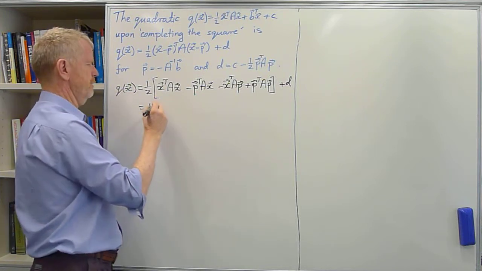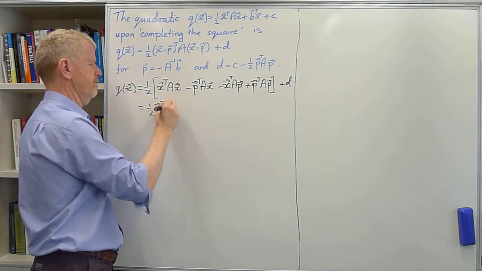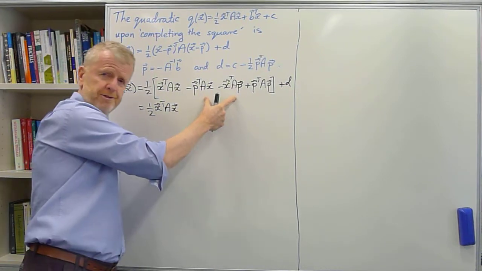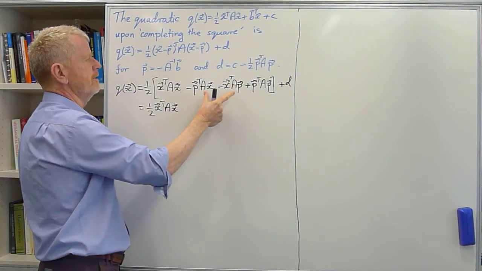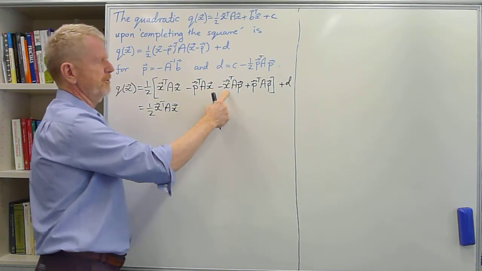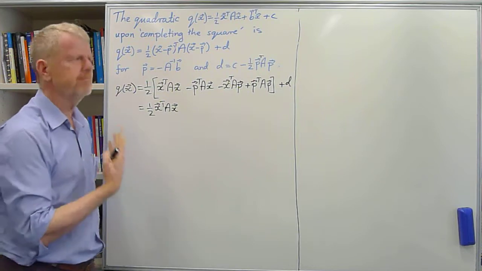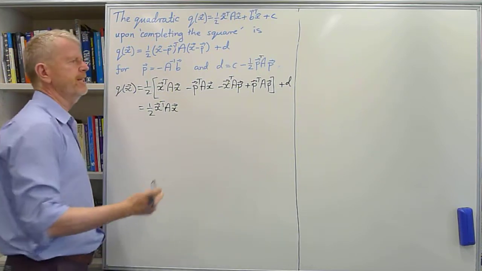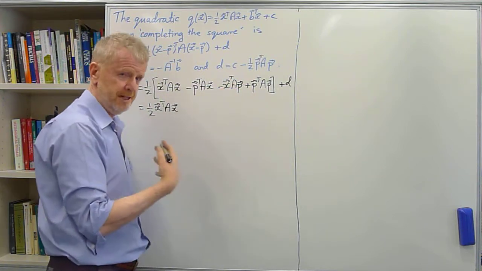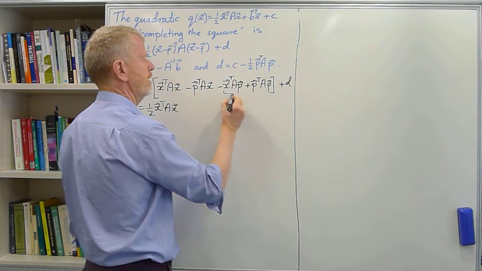This first term is a half x transposed Ax. These 2 terms are the only terms linear in x. There is a problem, we've got x here and x transposed there, whereas we'd like to factor out the x. But remember that this is just a scalar, so it is equal to its transpose.